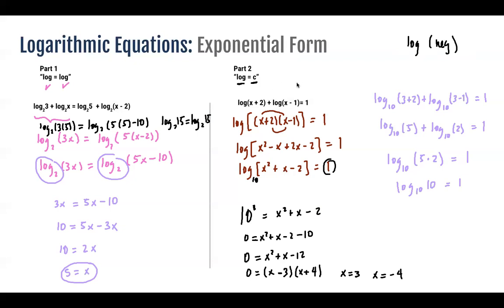So if we try with the -4, it looks like we're going to have a logarithm base 10 of -4 plus 2. And that's a red flag over there. Logarithm base 10 of -4 minus 1 is equal to 1. So you're going to end up with a logarithm base 10 of -2 plus a logarithm base 10 of -5.